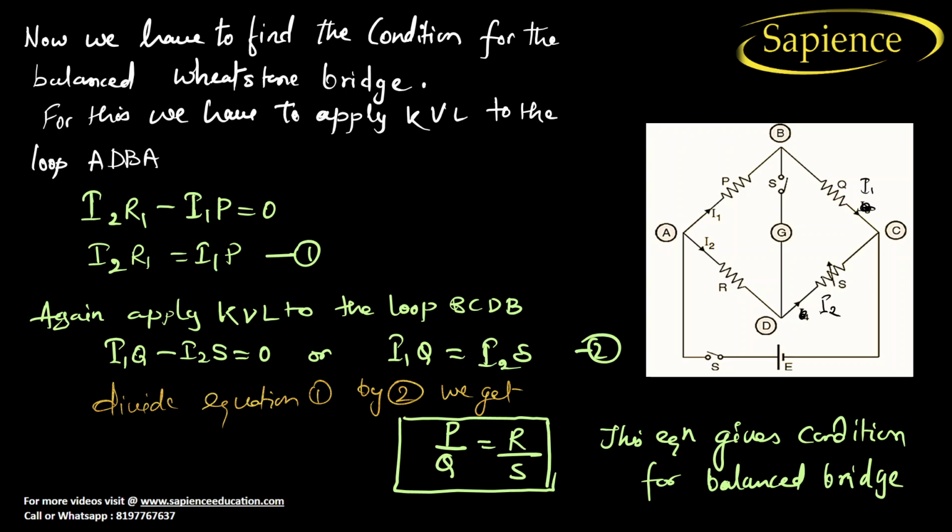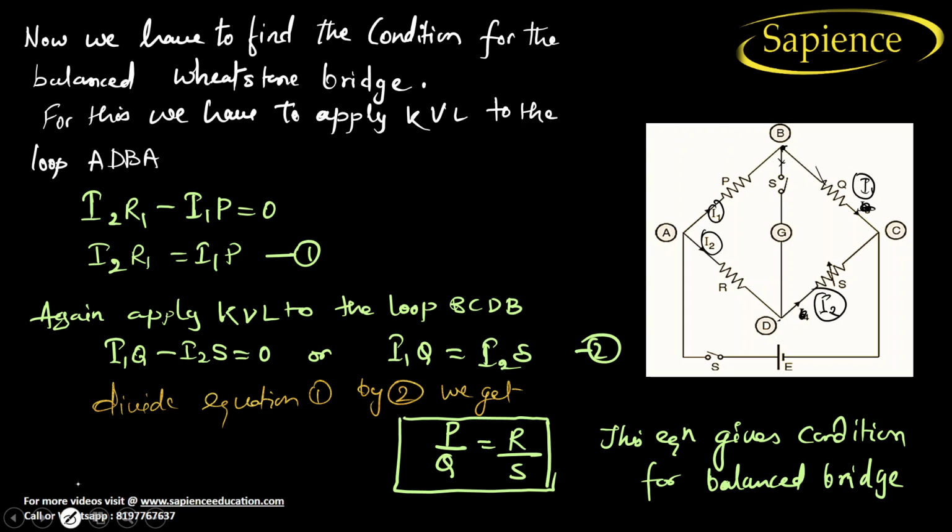Why am I telling this? Because at this point there is the same potential, so there is no difference. So current is not being distributed. It means that the same amount of current that is coming through this wire will flow through this wire. So you have to keep these things in mind.